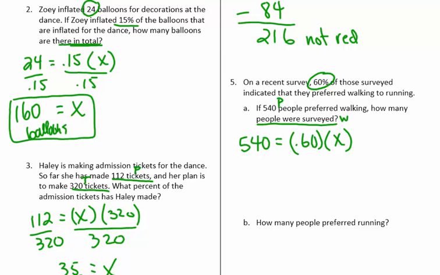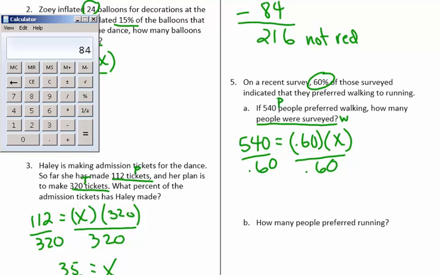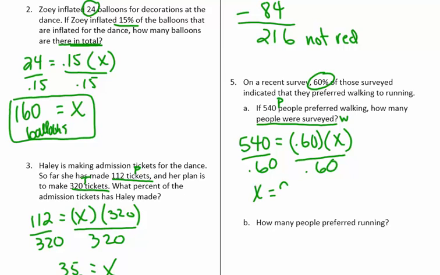To get x by itself, I get rid of 0.6 on both sides, or 0.60 is the same thing. So 540 divided by 0.6, x equals 900 people total. And that should make sense because the total is more than the part.